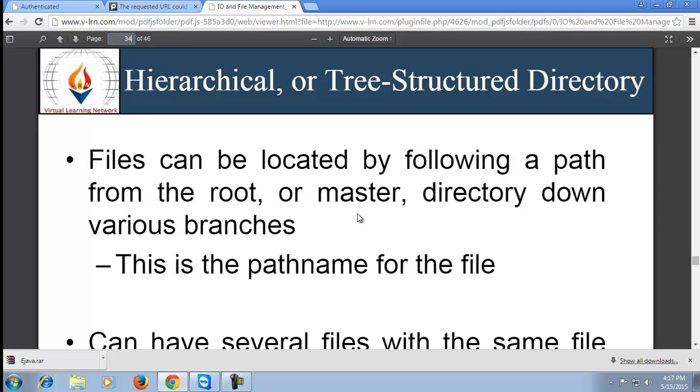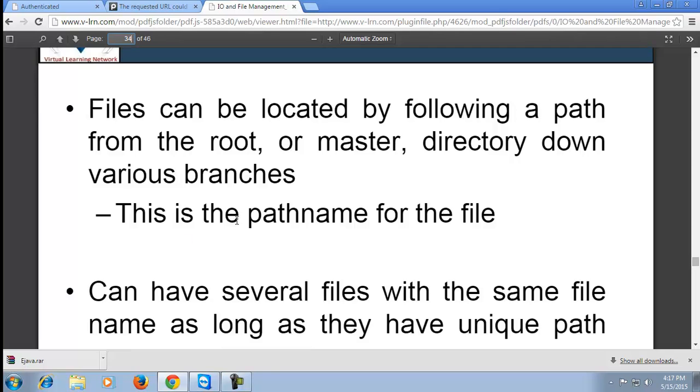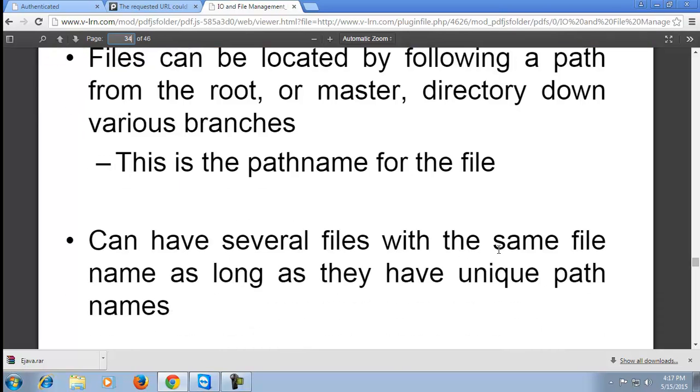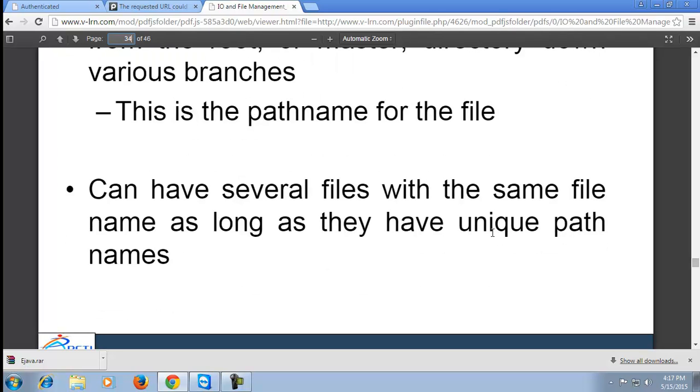In this, a file can be located by following a path. Using this path name, we can have several files with the same file name as long as they have a unique path name for every file, because every path is represented in the form of referencing directories in respect of the master directory structure.